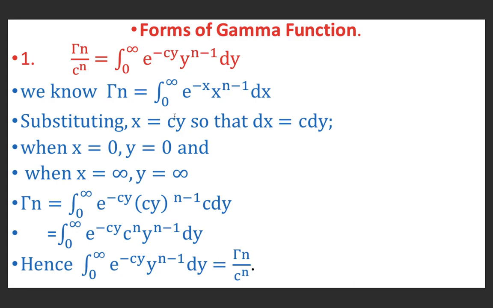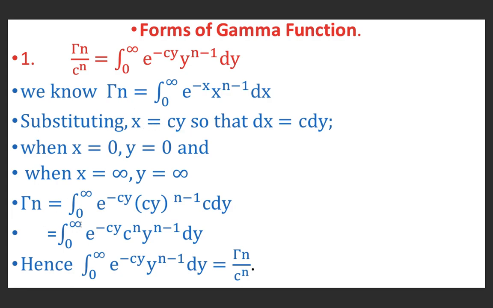If we substitute x equal to cy here, then dx is equal to c dy. Here the limits are from 0 to infinity. If we substitute x equal to 0 here, then y is 0. If we substitute x equal to infinity here, then y is infinity. So limit of the integration remains same if we substitute x equal to cy.